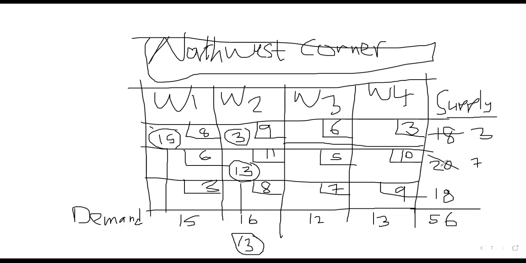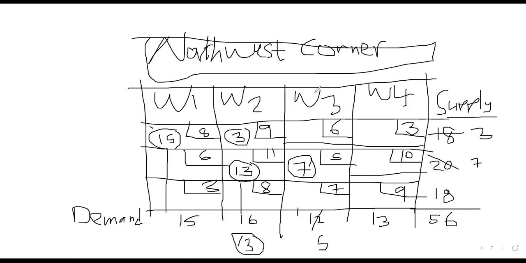So we cannot go to this other row for supply of 18 because we are yet to exhaust the 7. So we are simply looking at W3 and this row where they intersect. So even if the demand is 12, but the supply is 7, so 7 goes. You're going to remain with the 5 here, and this one is satisfied.